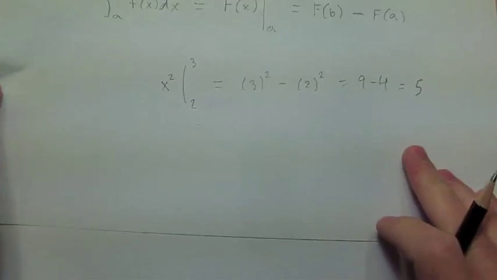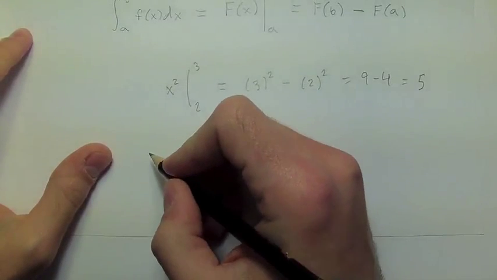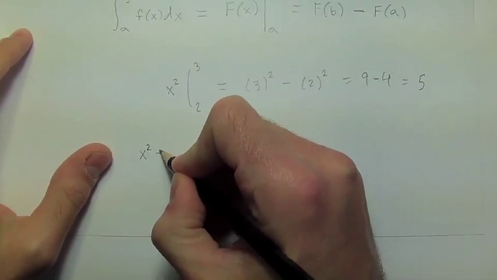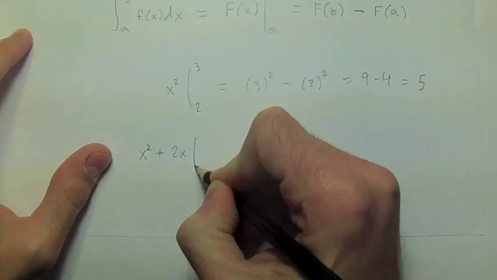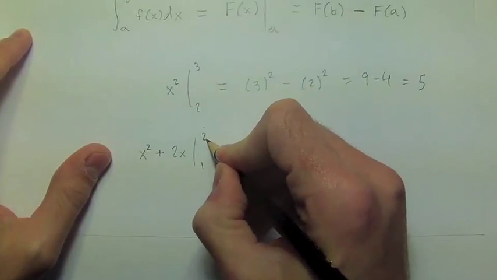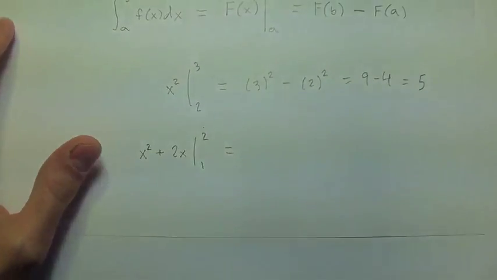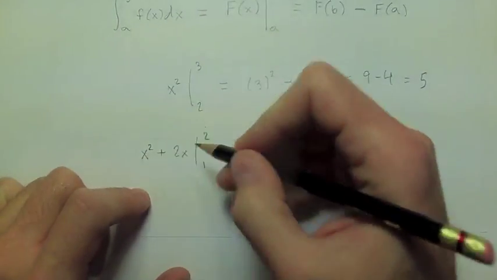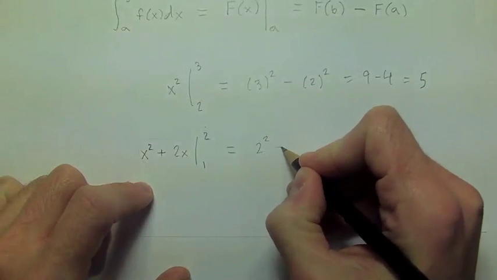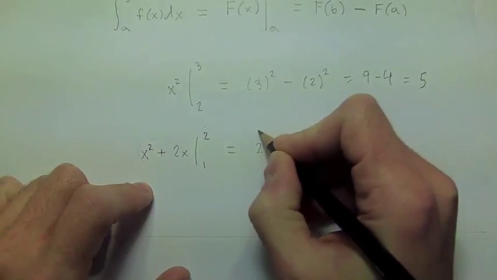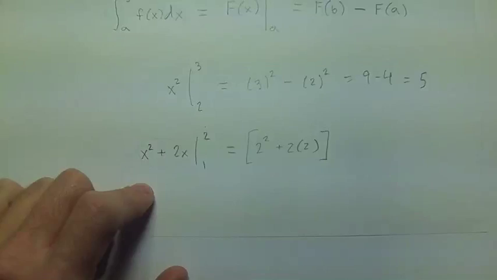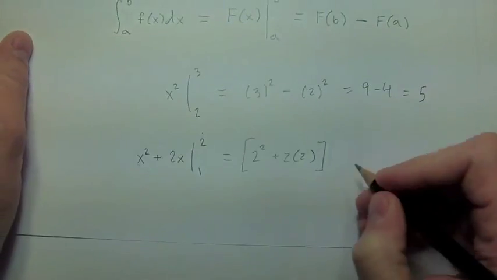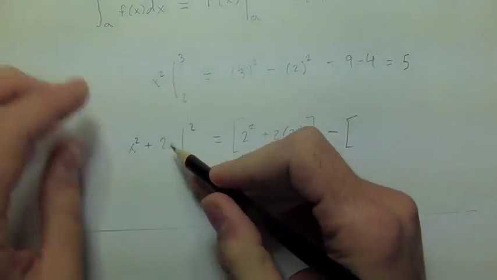Okay, if I had, say, x squared plus 2x, going from 1 to 2, now this you have to be very careful about, because I'm going to plug in 2, so 2 squared plus 2 times 2. Now I always put brackets around everything just so I'm very careful. Minus, now I'm going to plug in 1.